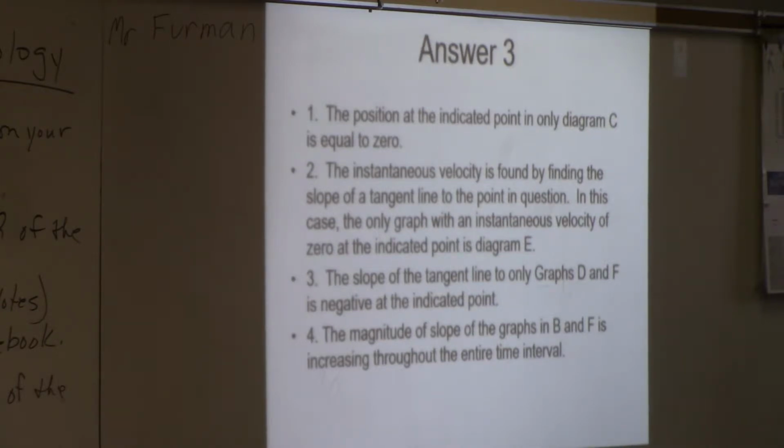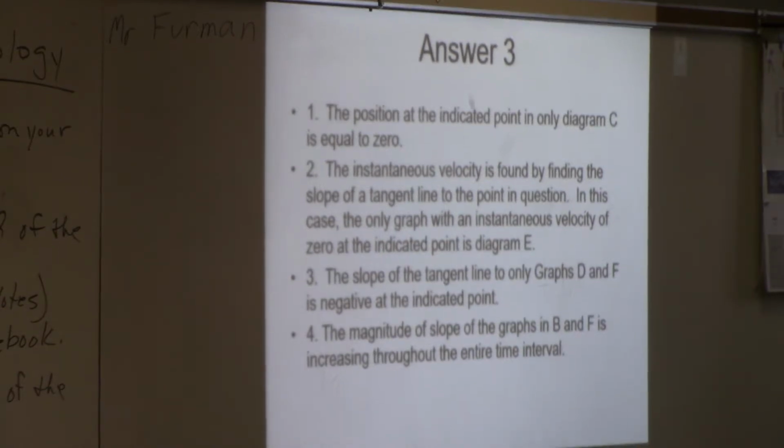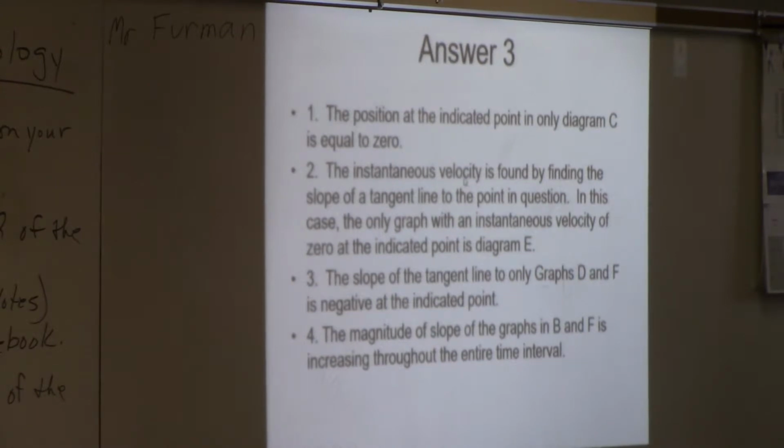It's either increasing, becoming more and more negative, or more and more positive. So that would mean that it's speeding up. If the magnitude of the slope is approaching zero, then that means that it's slowing down. That means velocity and acceleration are on opposite sides.